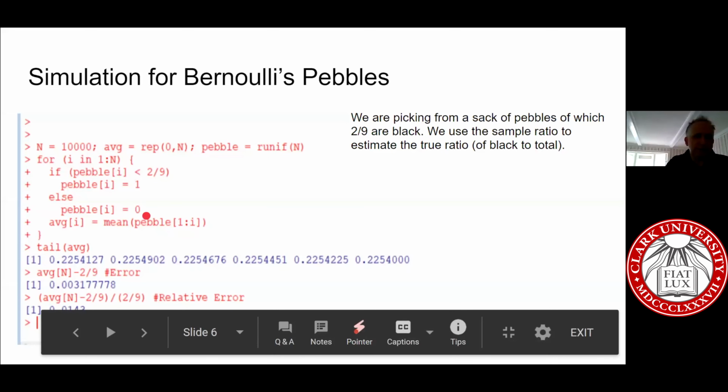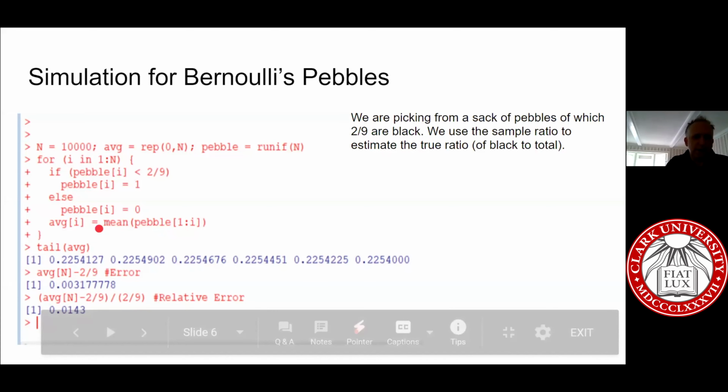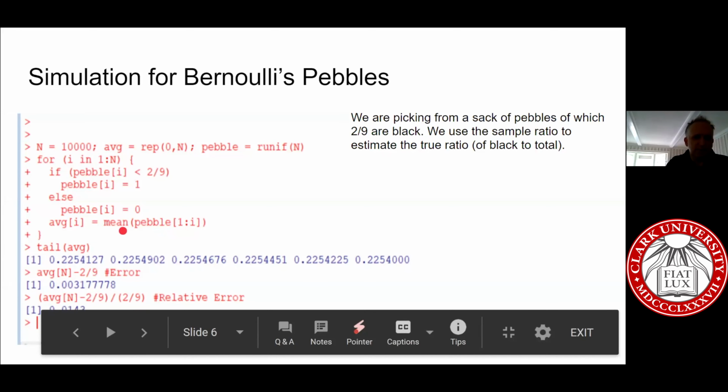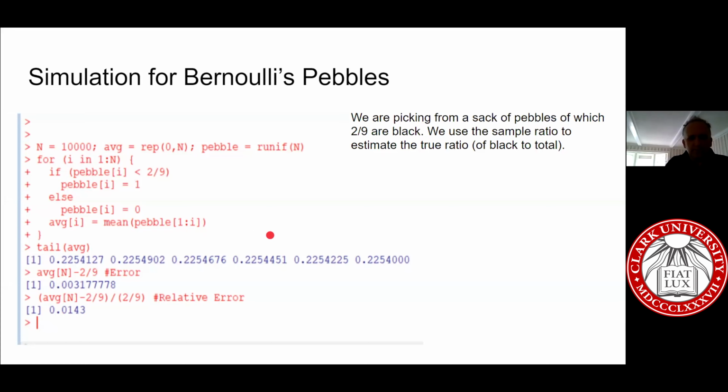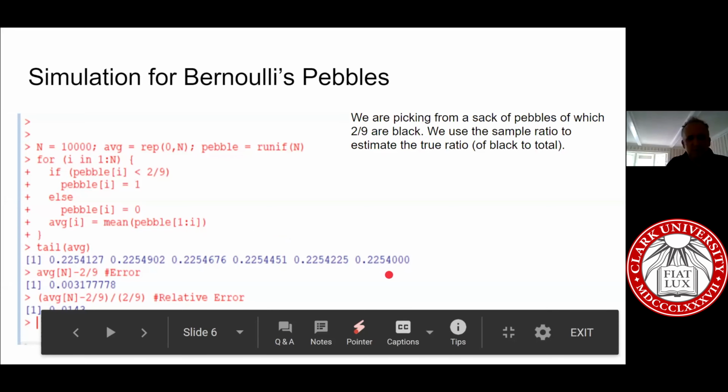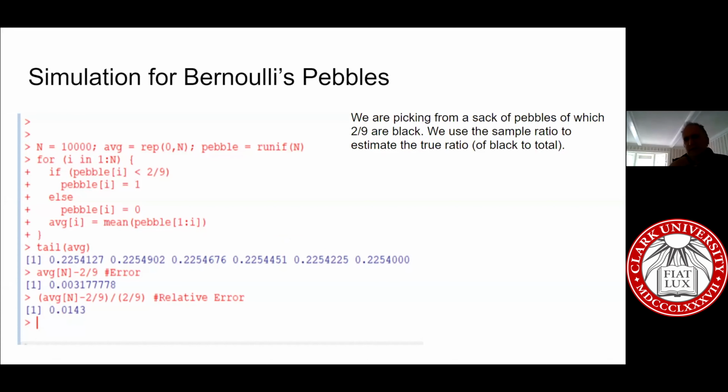Otherwise, I set it to 0. And then I do this pretty lazy computing of the average. There's a more clever way to do this where you're not actually summing the average every time, but lazy style here is okay. And I look at my tail. What's my last computation here? I get something pretty close. It's only off in the third digit.